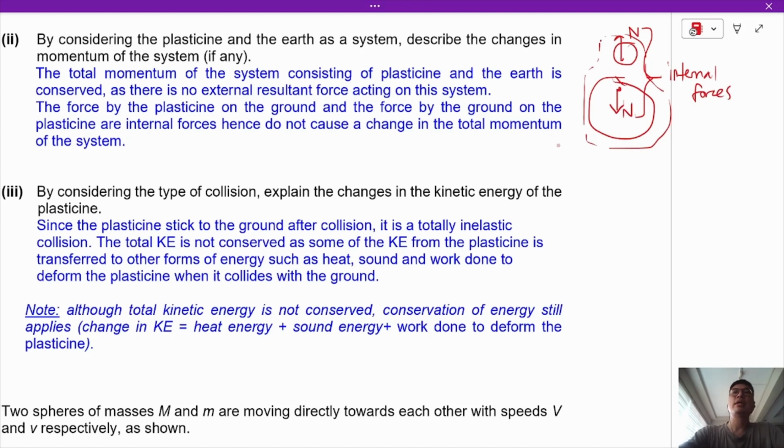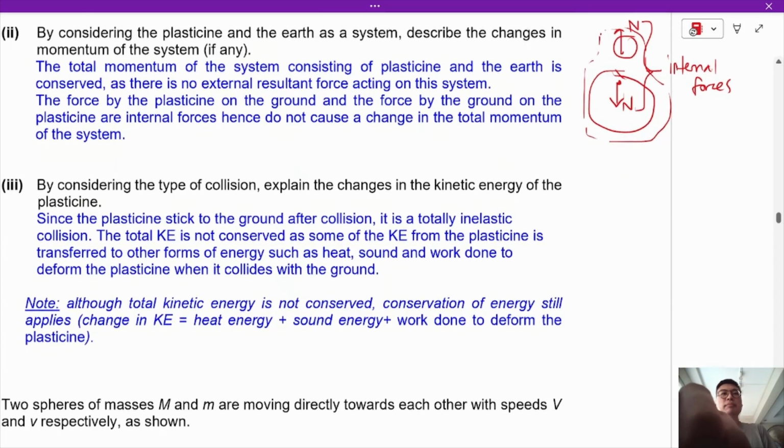And remember, internal forces will not count in conservation of momentum, because the momentum of the system can only be changed by external forces. So if you consider both the Earth and the plasticine as a system, then its total momentum remains unchanged. Now, by considering the type of collision, explain the changes in the kinetic energy of the plasticine.